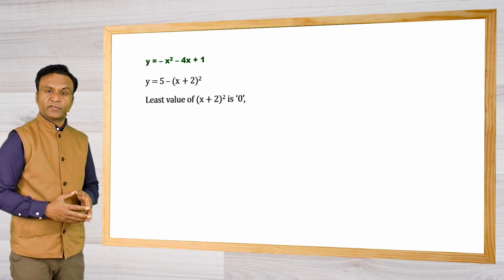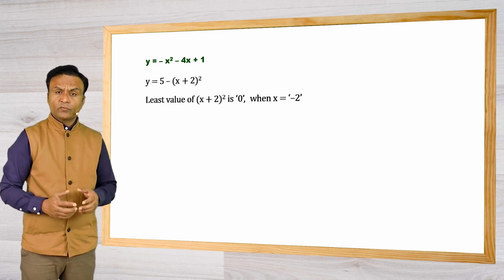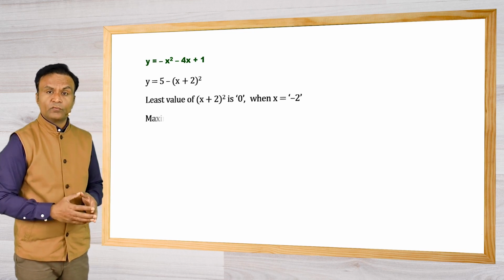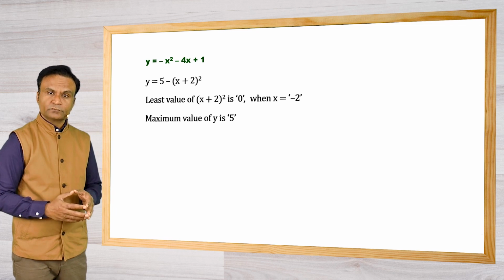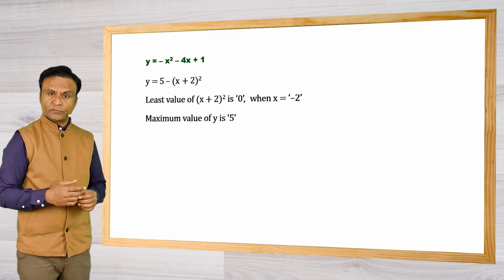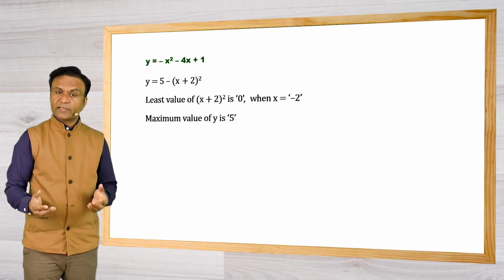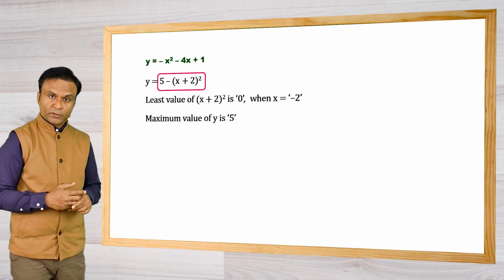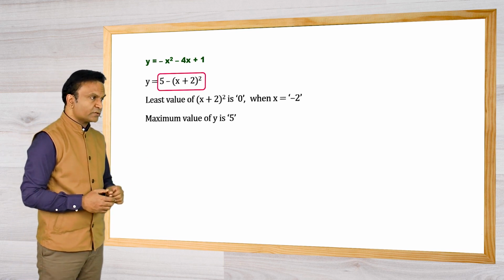This least value occurs when the value of x is −2. Now when (x + 2)² is least, we can say the value of y is maximum. Why? Because we are subtracting (x + 2)², which is variable, from the constant value 5. So when (x + 2)² is least, this difference is maximum.